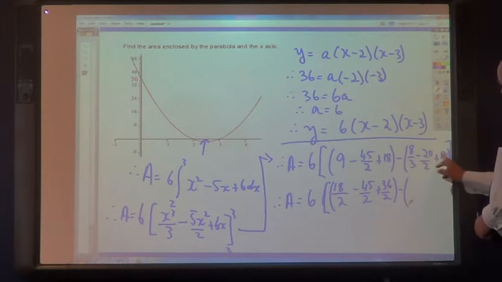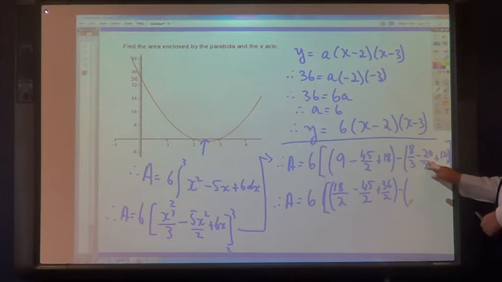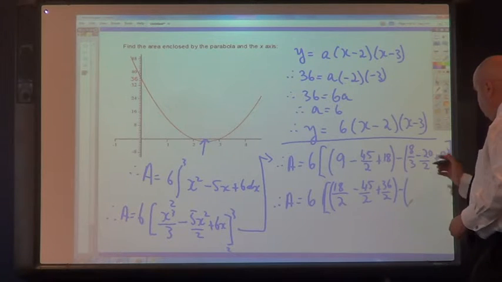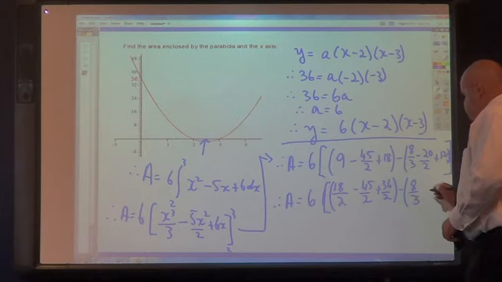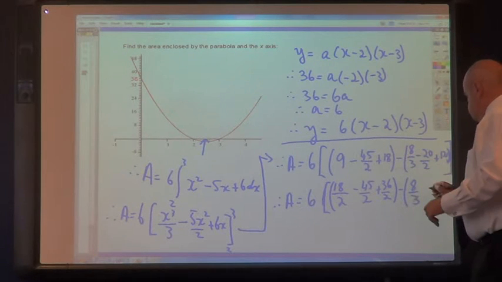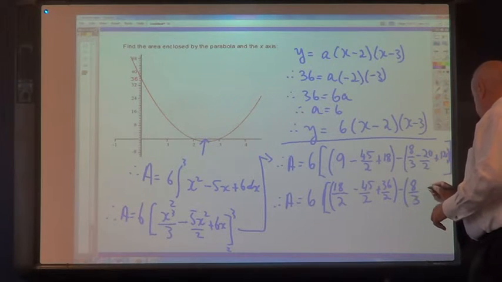Now this was minus 10 and that's plus 12, isn't it? Minus 10 plus 12 is overall plus 2, so it's minus 8 thirds plus 2. Now I'm going to call 2 6/3. Fair enough?